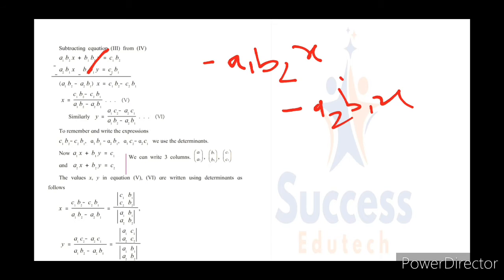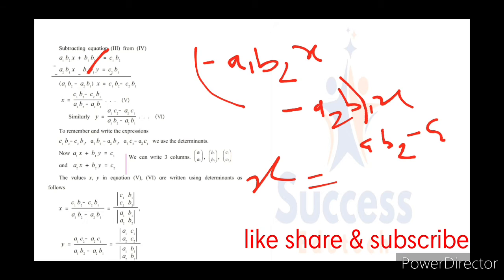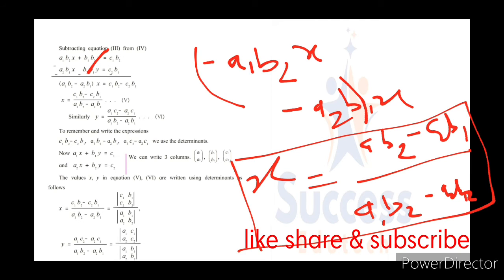After taking x common outside, we get x in bracket a1b2 minus a2b1 equal to c1b2 minus c2b1. So x equal to c1b2 minus c2b1 divided by a1b2 minus a2b1. This is the equation, and from here we get the value of x.